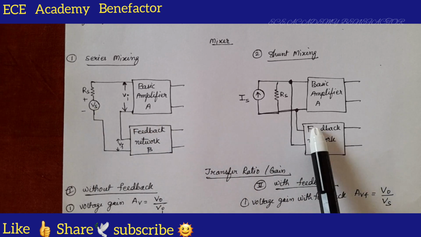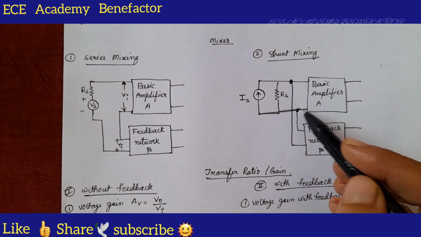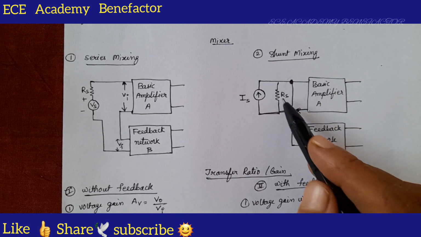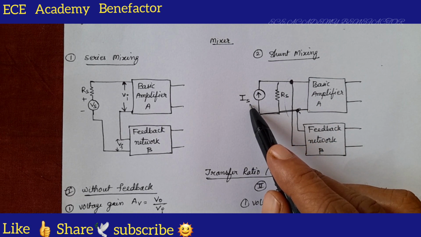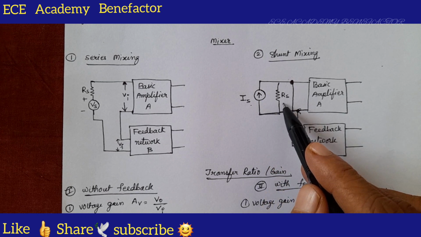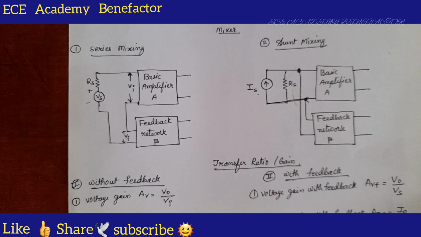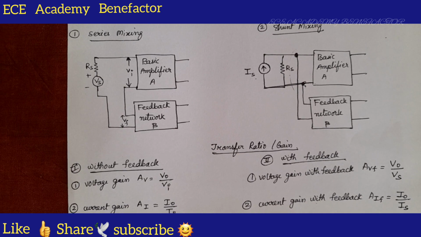Voltage. For shunt mixing, the feedback network is connected in shunt to the amplifier input. When there is shunt mixing, we need to place a current source Is with a parallel source resistor Rs. So, this is all about series and shunt mixing.